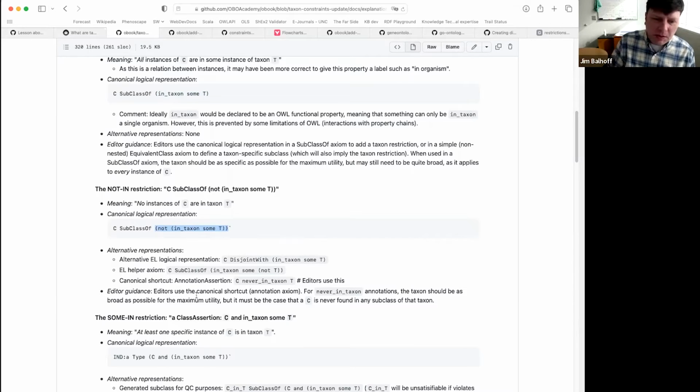But to make this really work with ELK, we have to add some helper axioms, and there's a lot more detail about that down below.